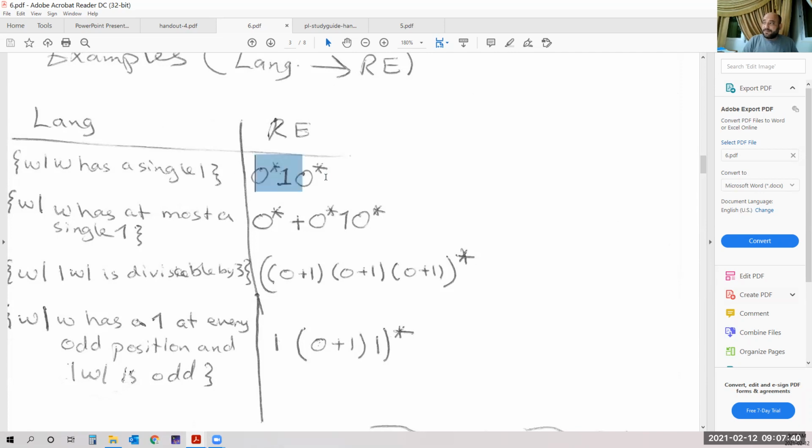This is the regular expression that represents this language. Clear, or shall I repeat, guys?